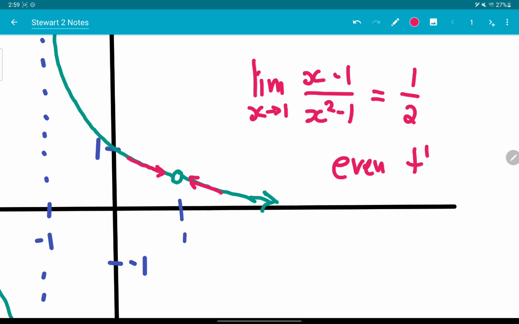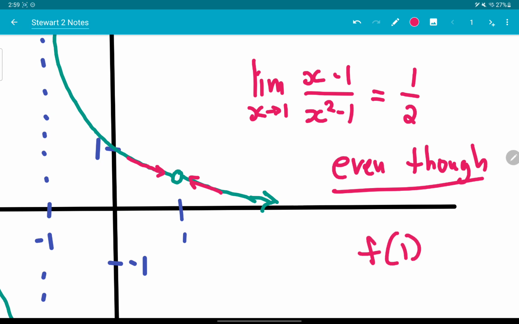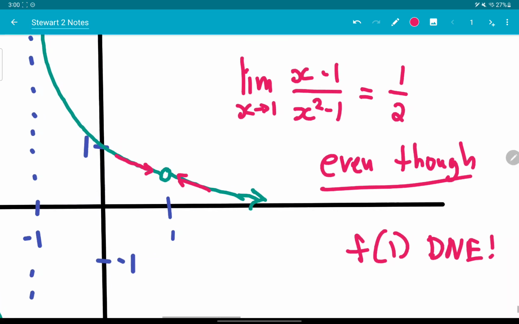And this is even though f of 1 does not exist. So this is the difference between what a limit is and what it means to just plug in 1 into a function. With a limit we care about what we're approaching.